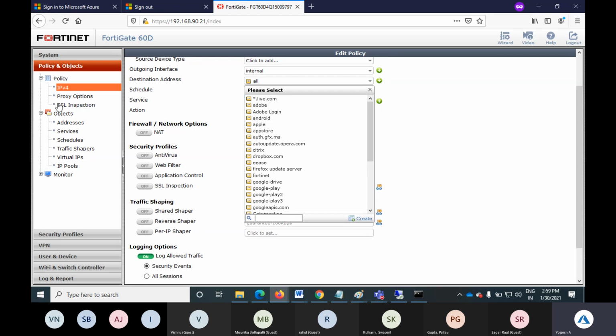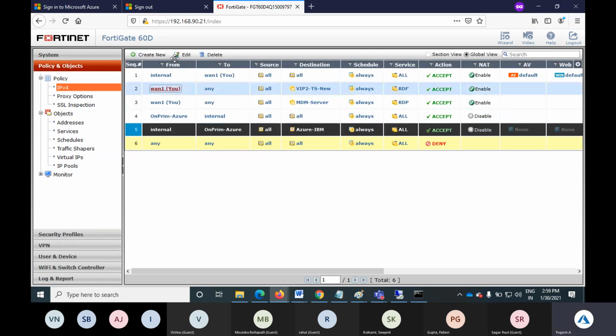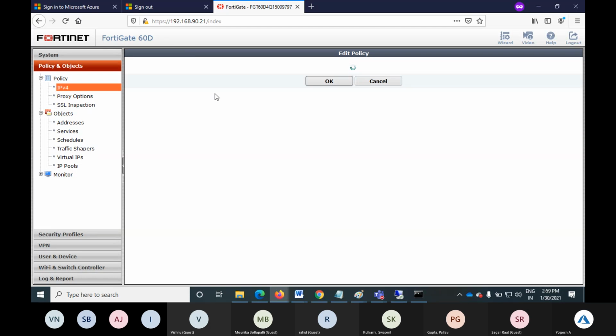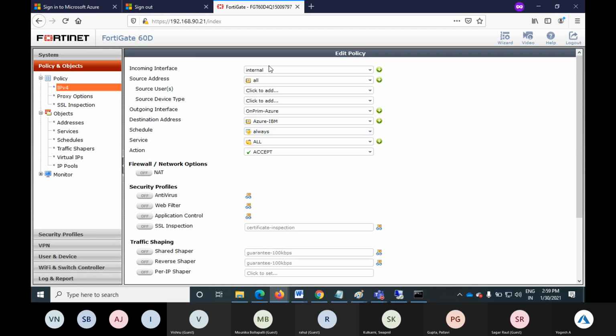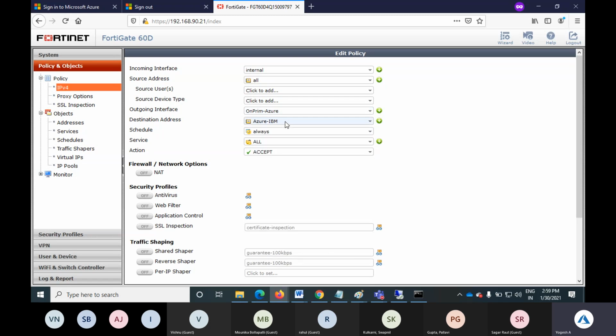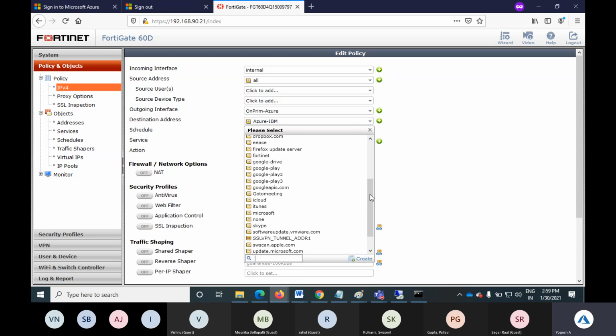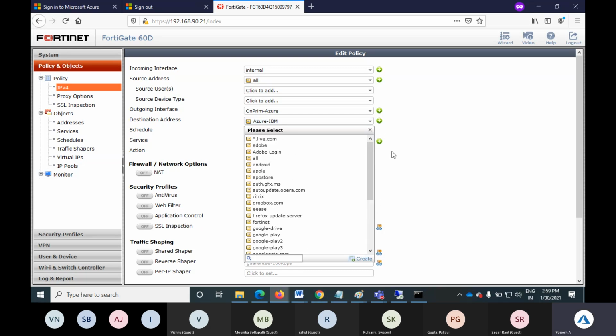It should work. Internal to on-prem. So here we have specified the destination address where we have configured 172.21.